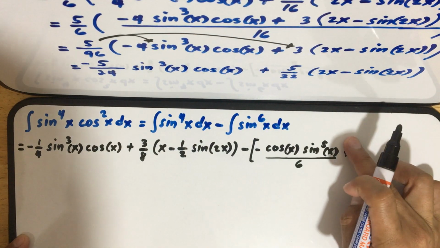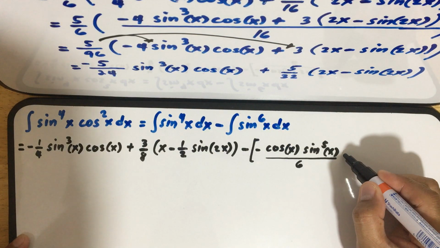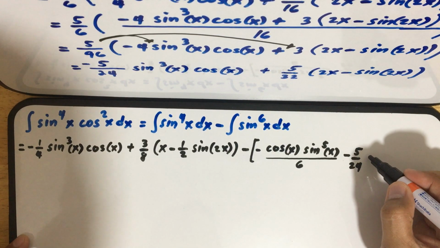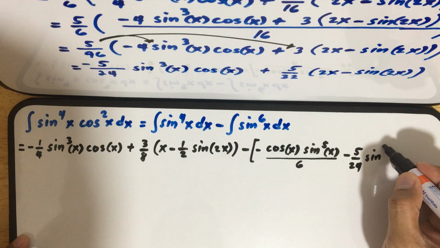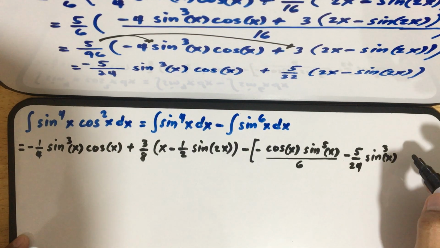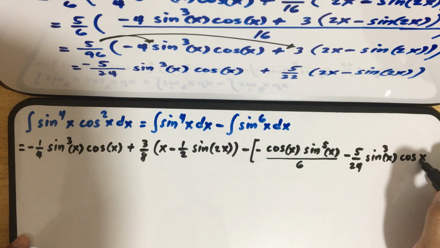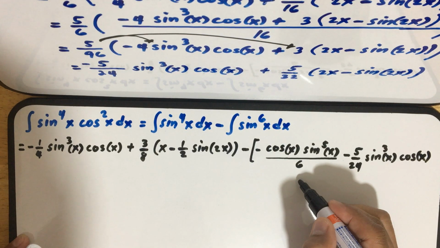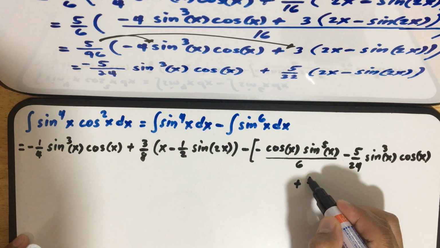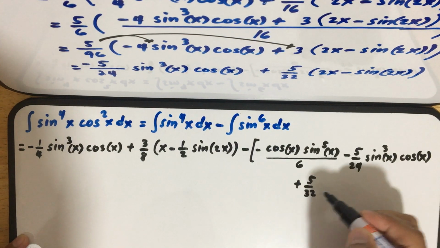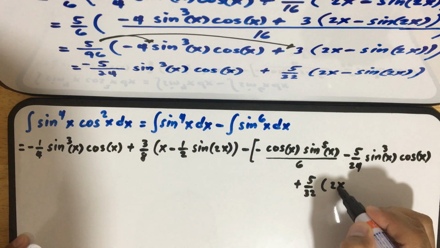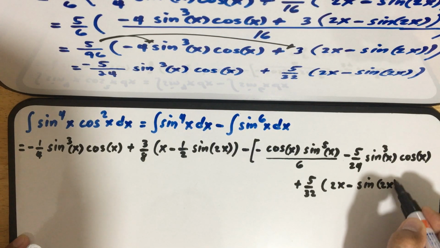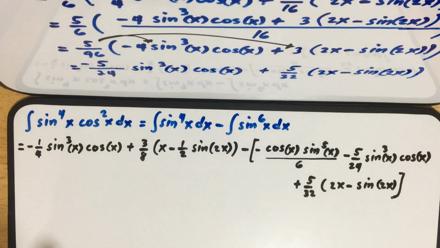So you can use this, which is minus 5/24 sine cube x cosine x, then plus, I will put it here because there's no more space, plus 5/32 times 2x minus sine 2x. Okay?